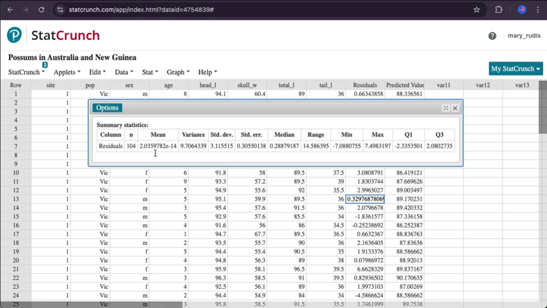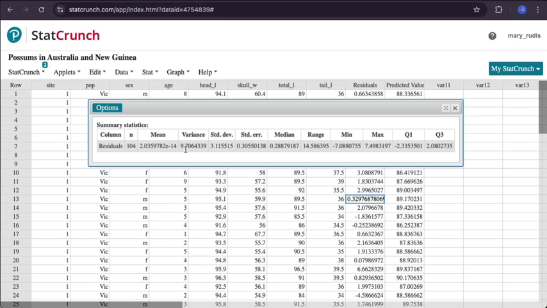It's 0.00000 with 14 zeros, 20359. So yes, the mean of our residuals is balanced with a mean of zero. So that means that you've got as many residuals on the positive side as you have residuals on the negative side.